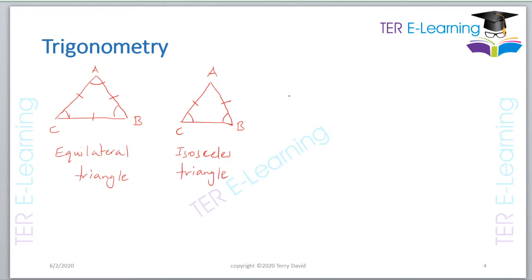Then we have a triangle that looks like this. Right? Where one angle is 90 degrees. What is this triangle called?